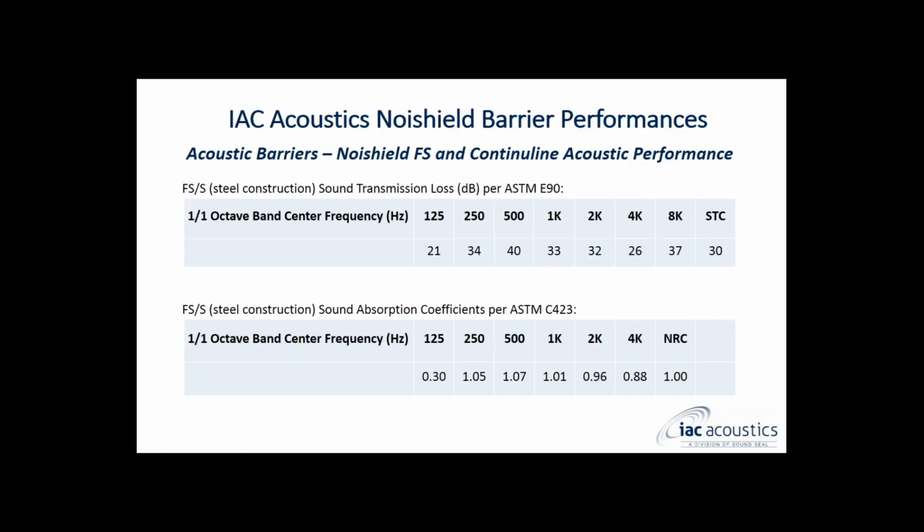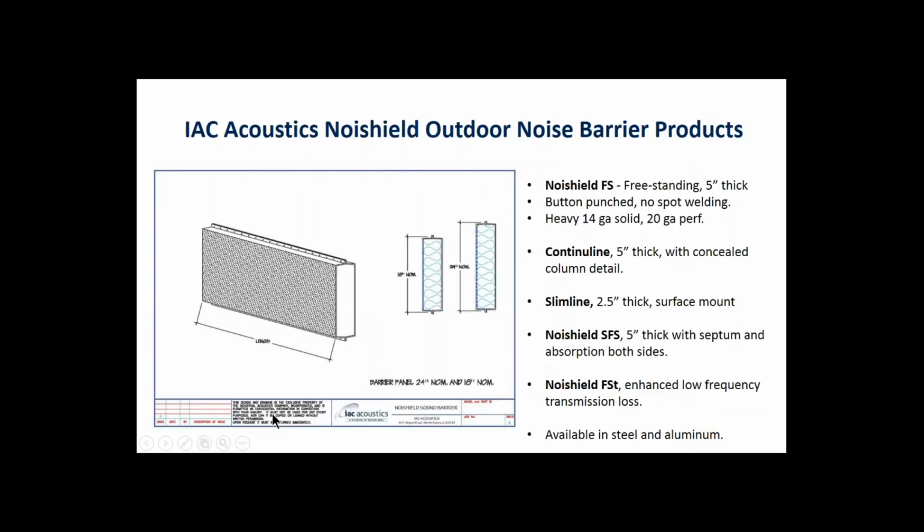We do have test data for all of our panels and all of our acoustic performances that we're happy to supply for projects. And you can see that the panels are all very, very simple to construct and simple to install.